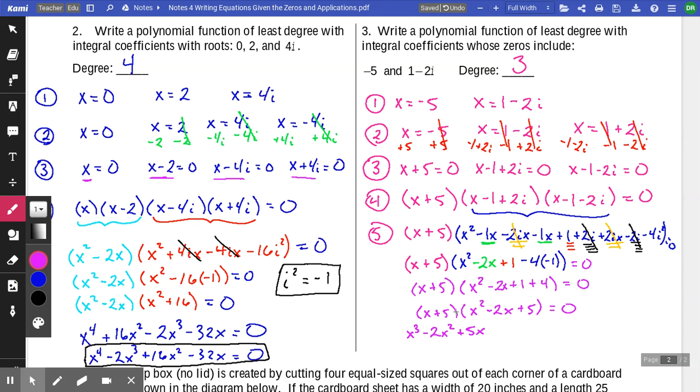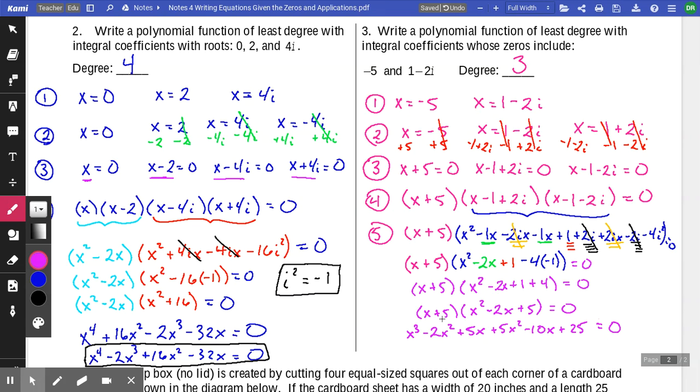Now we need to take 5 times this set of parentheses. So 5 times x squared, 5 times negative 2x, and 5 times 5. And there are the 6 terms that I was referring to.